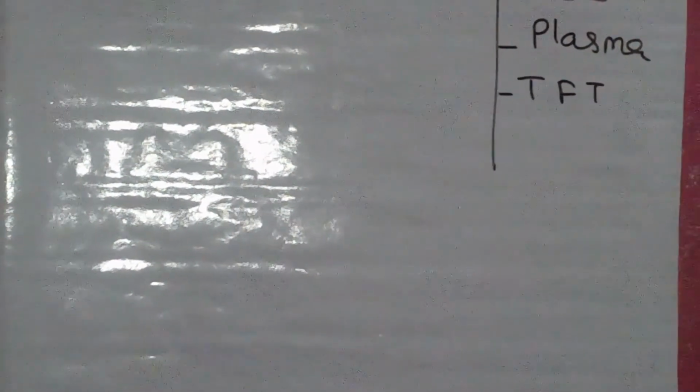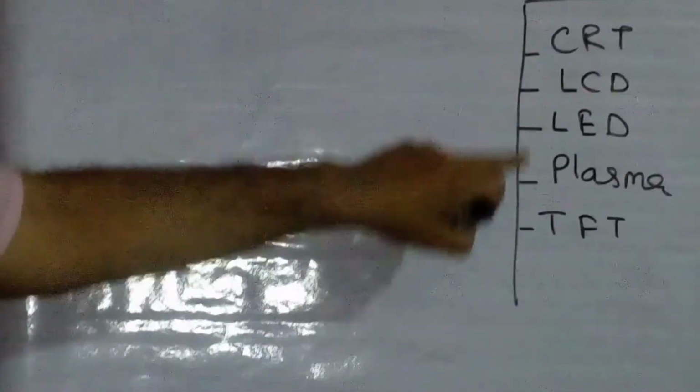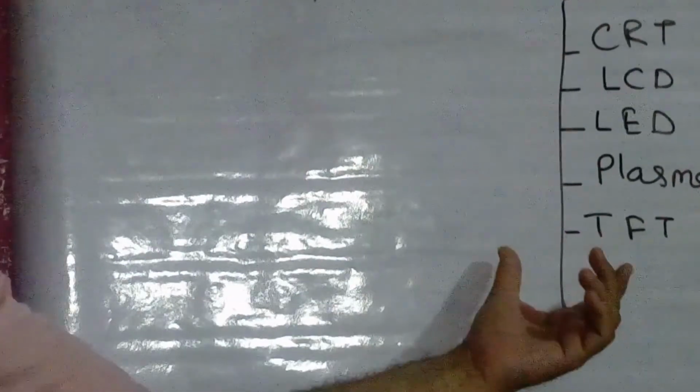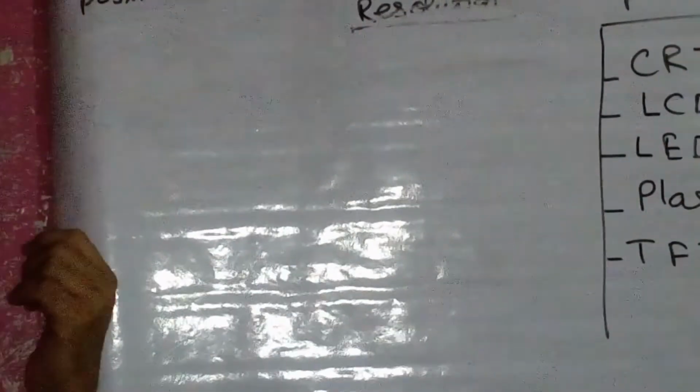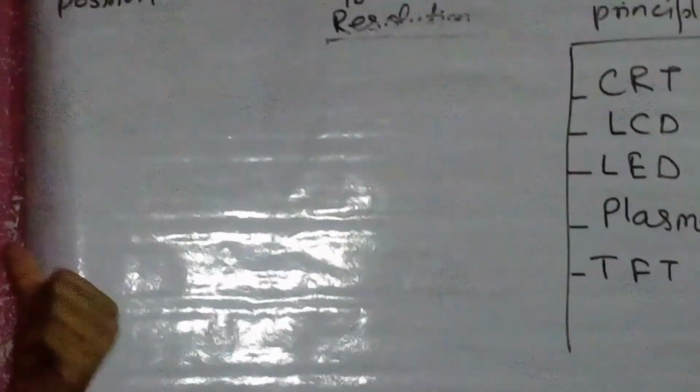LED and plasma are better in quality, but TFT is cheaper than the others, and CRT is obsolete nowadays. We will discuss different types of monitors and output devices in our next class. Thank you.